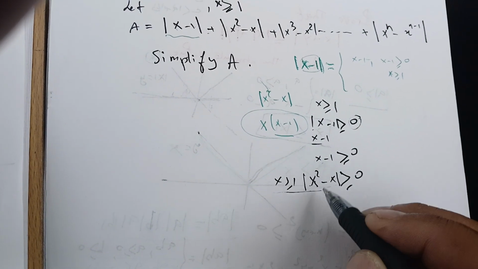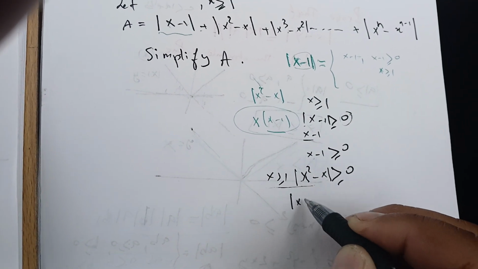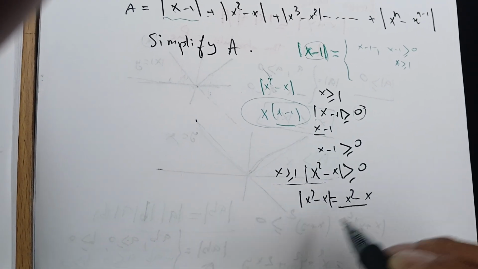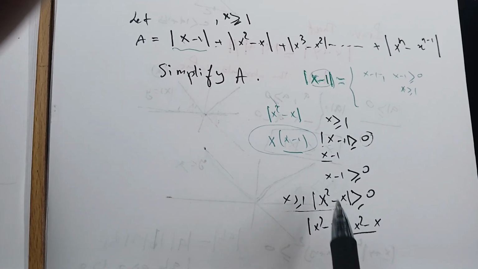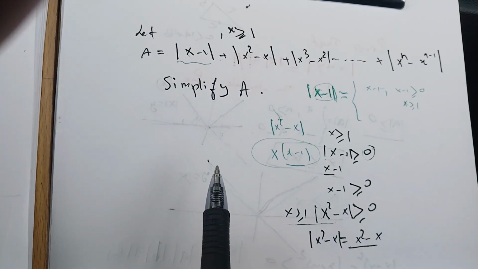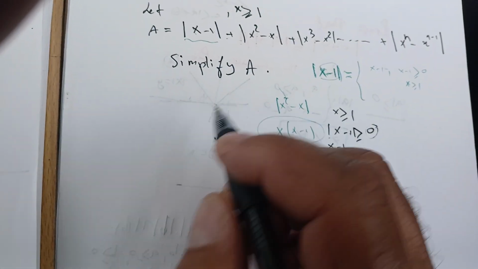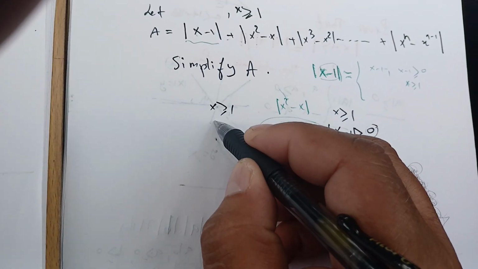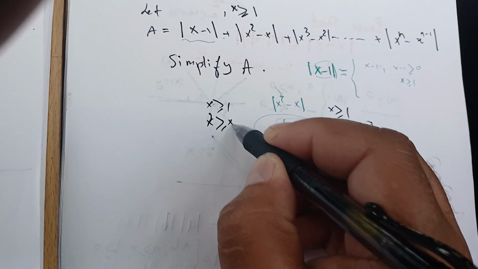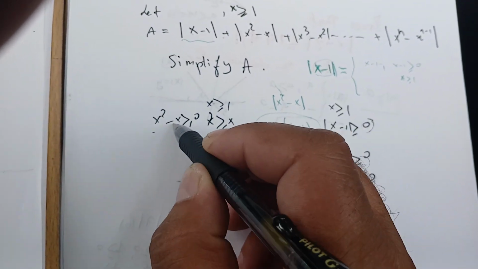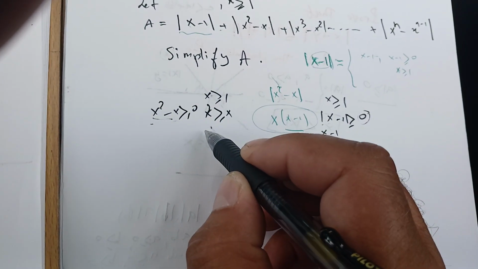Therefore, the absolute value of x squared minus x is just x squared minus x. This gives us a clue about solving all these problems. From this idea of x bigger than 1, if we keep multiplying, we get x squared is bigger than x. That means x squared minus x is bigger than 0, so its absolute value is the same.